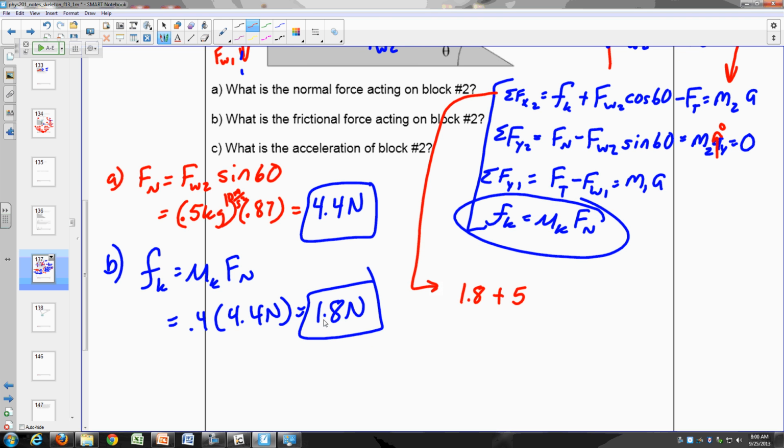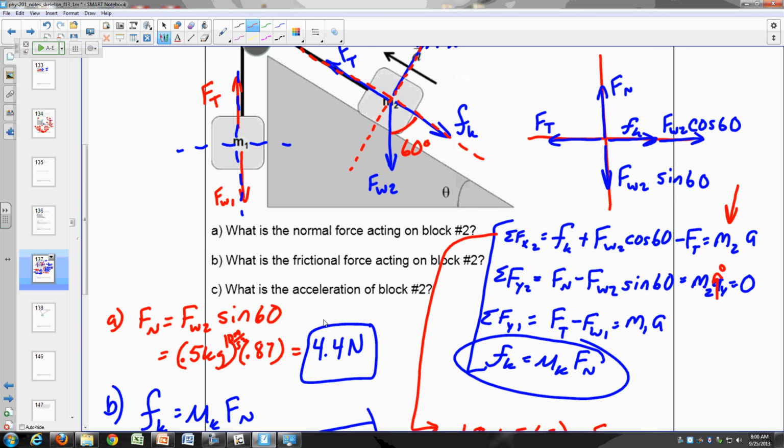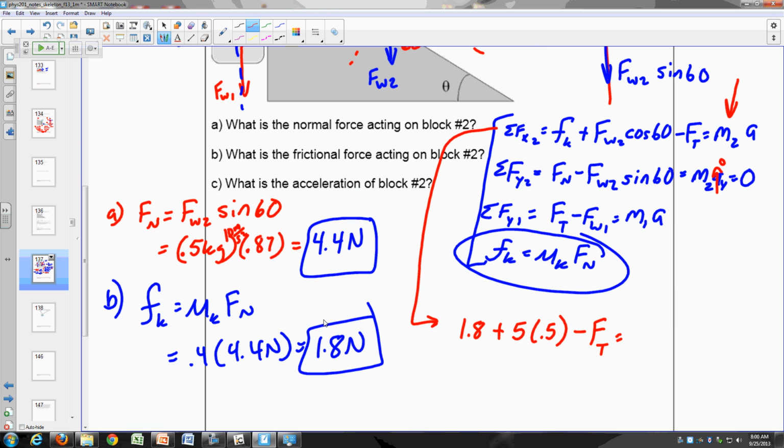That's just m times g times cosine of 60 for 0.5, minus Ft equals 0.5a. So I'll call this equation 1.